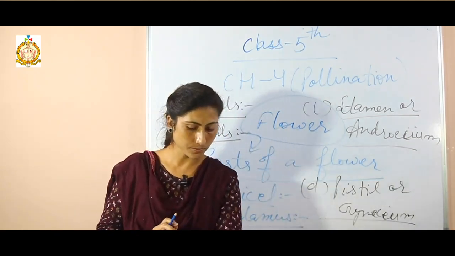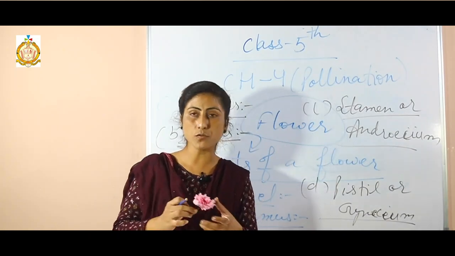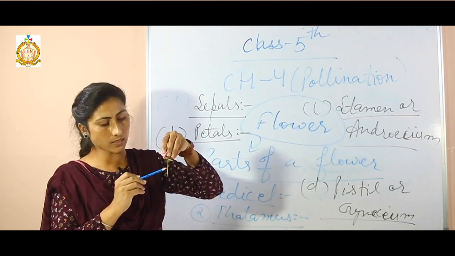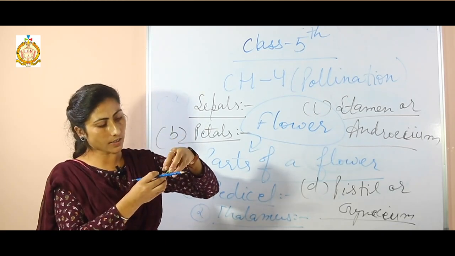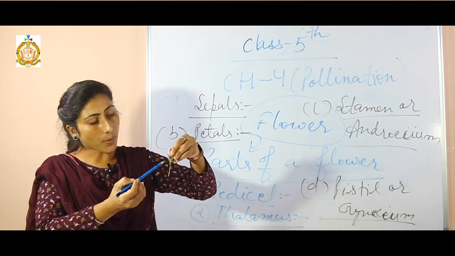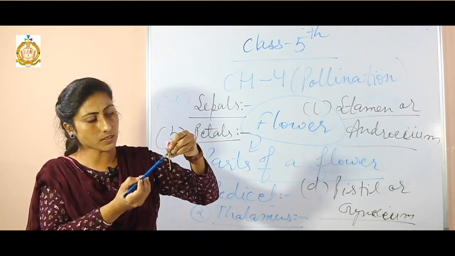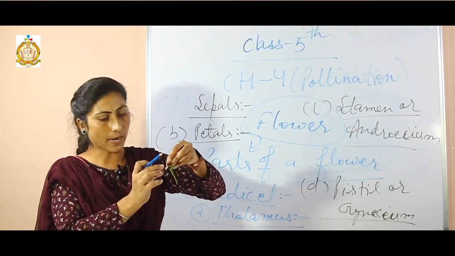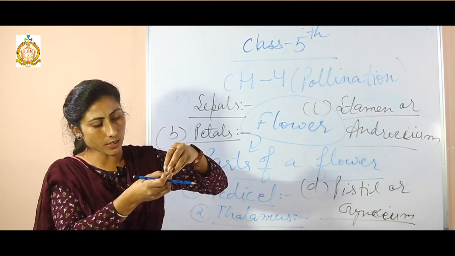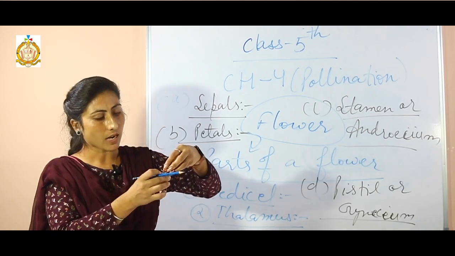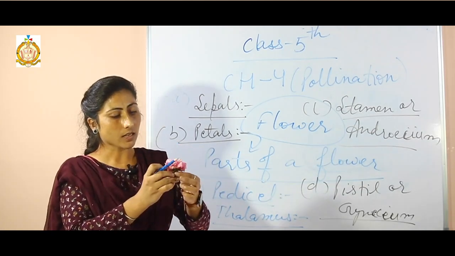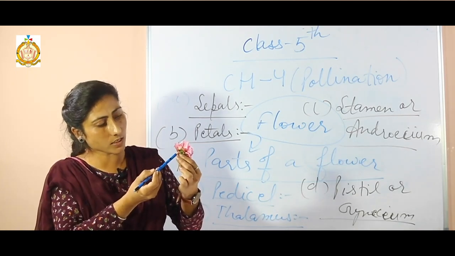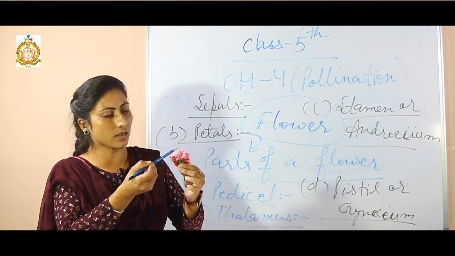Next is, students, I will show you one flower and I will explain all the parts. This is the pedicel part, stalk of the flower, and the uppermost part of the pedicel is called thalamus. It has the first wall, sepals. These are green leaf-like structures, sepals, and these are petals.